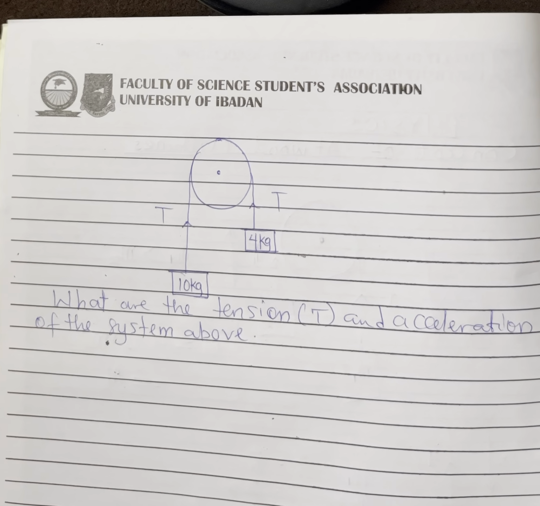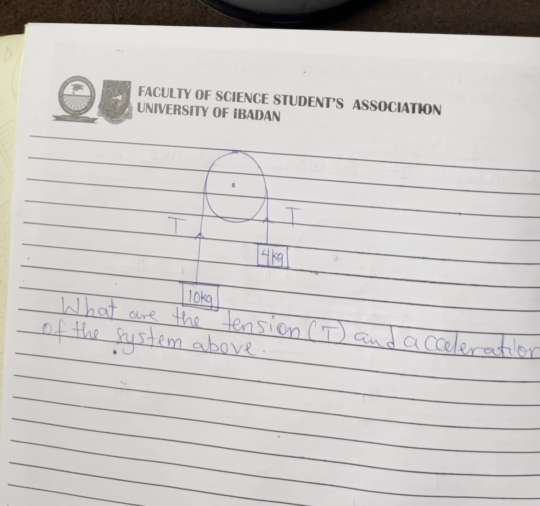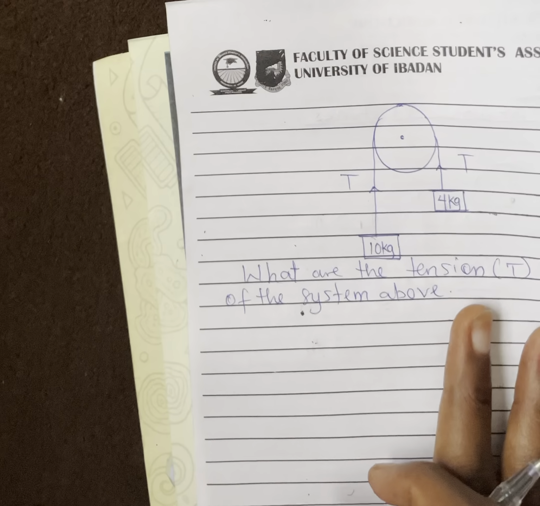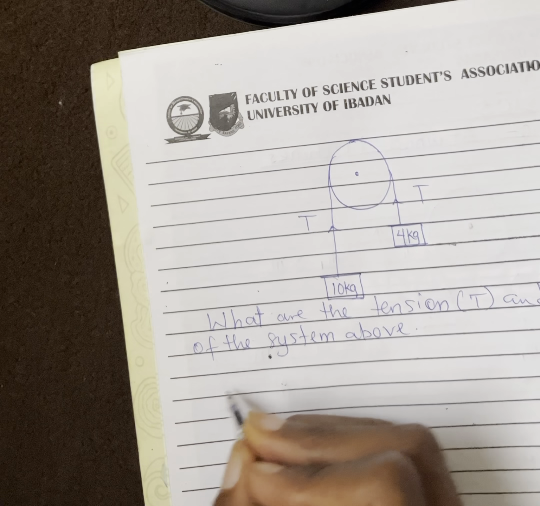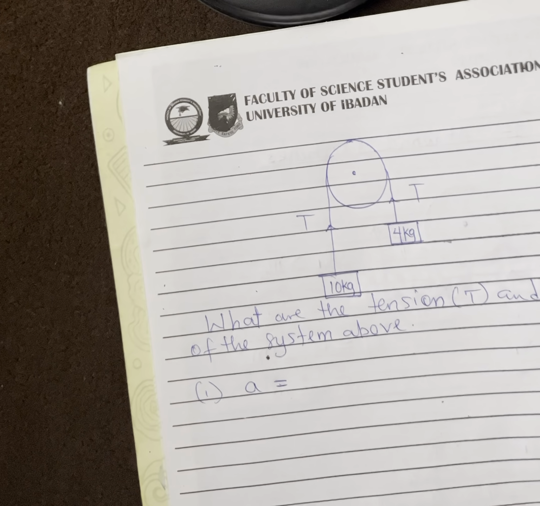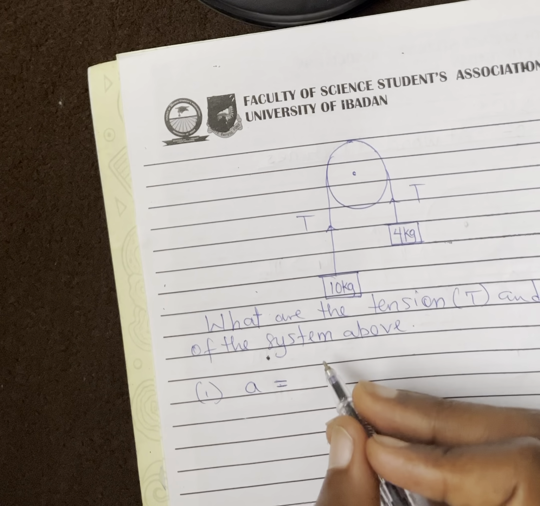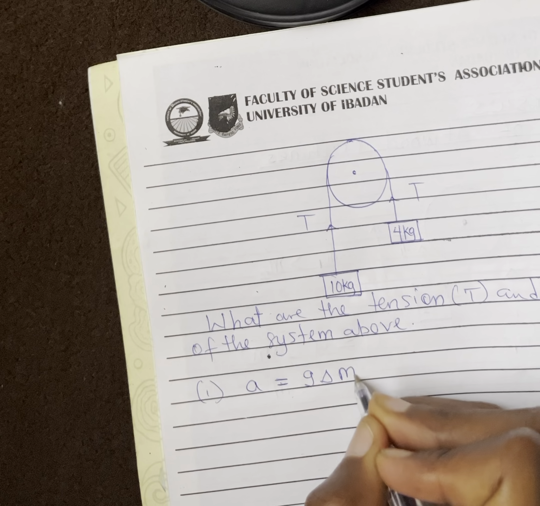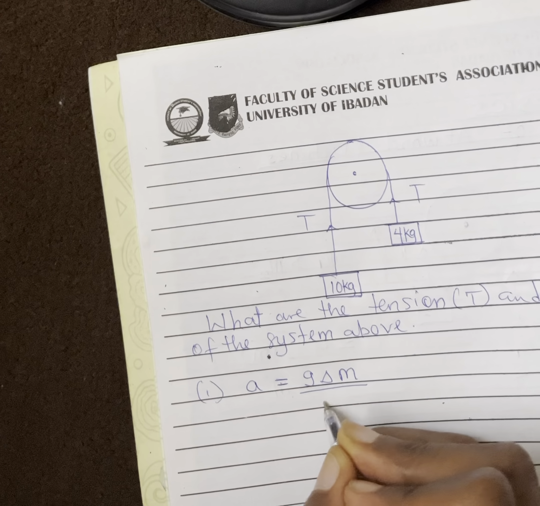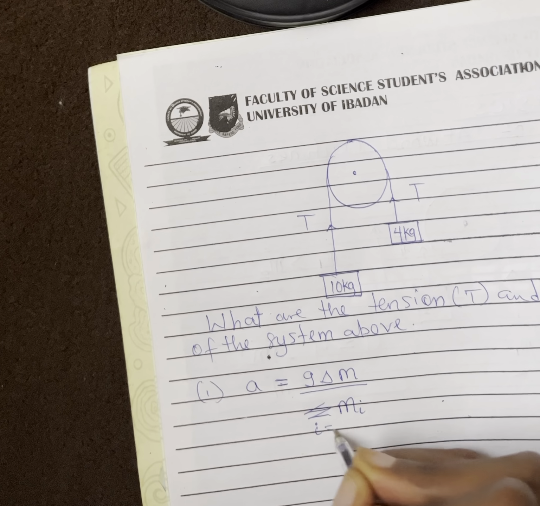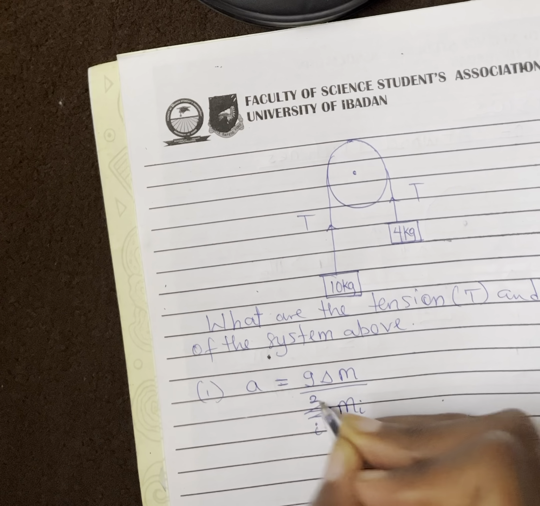I explained in my last lecture that the common acceleration of an Atwood system is equal to g, change in mass, divided by the summation of the masses, m1 plus m2.